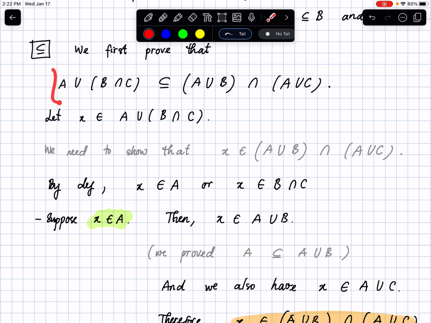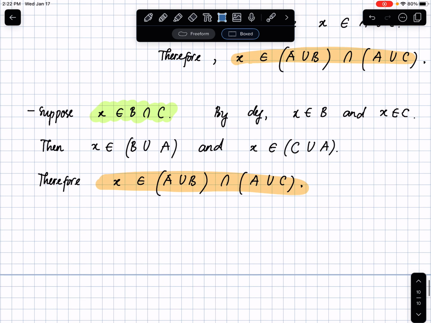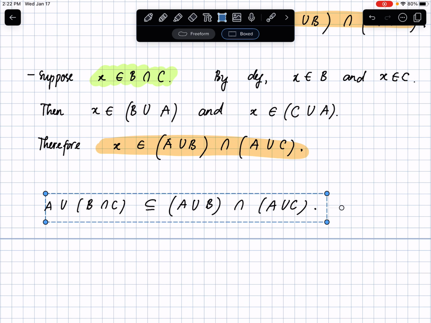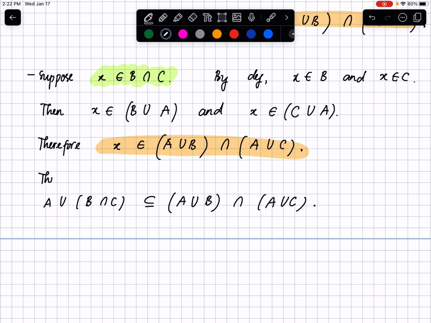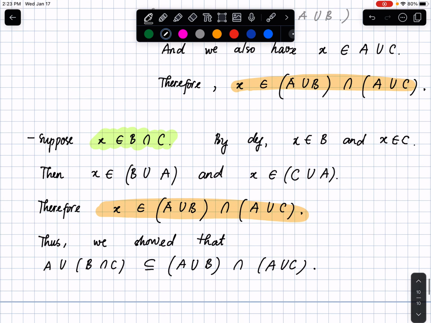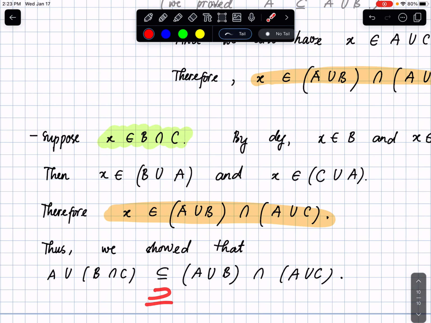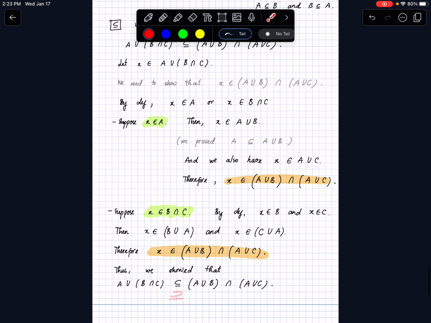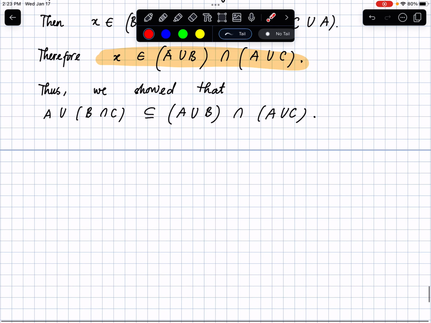Therefore, we prove the first containment. Okay, so the first containment is done. Let's do the other way around. Let's prove the second containment. So here's the first part. Now we do the second part.